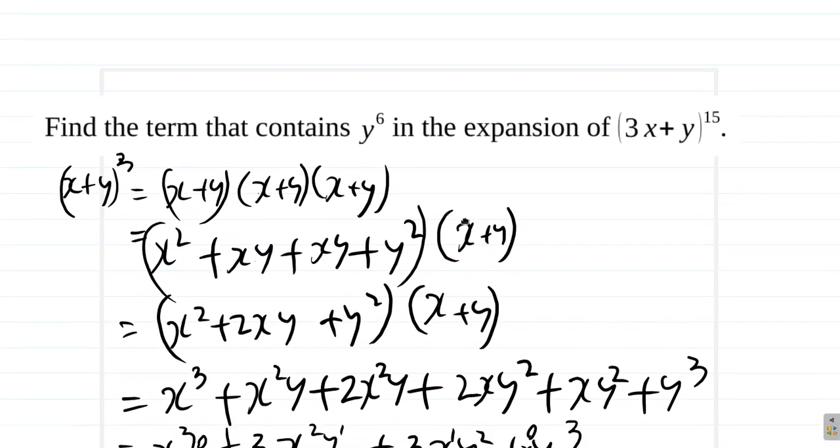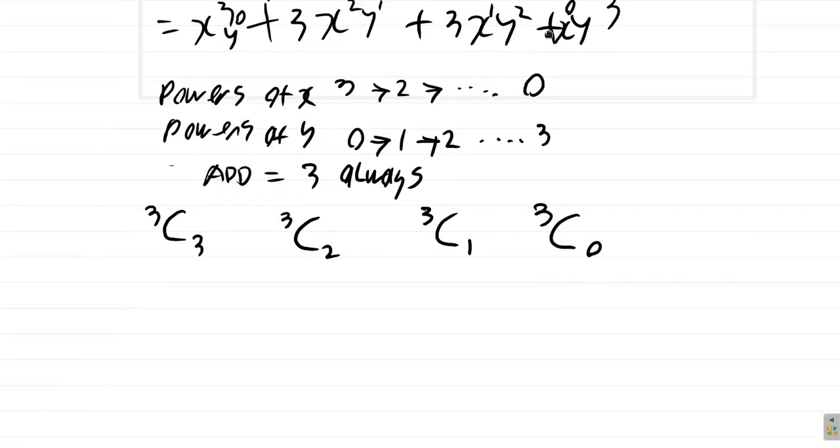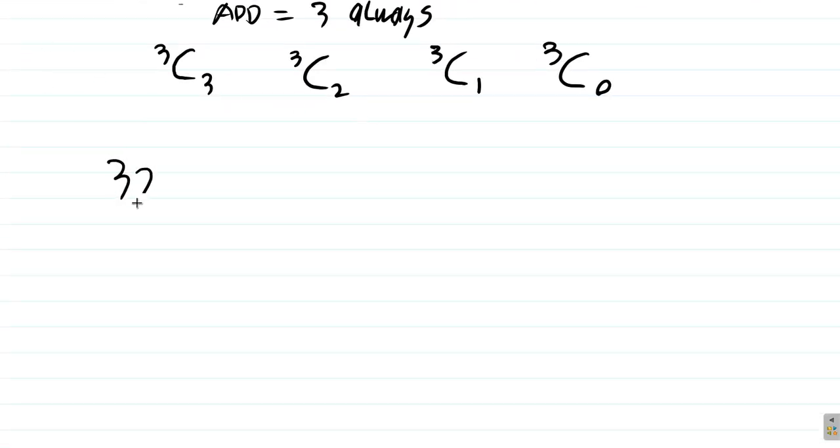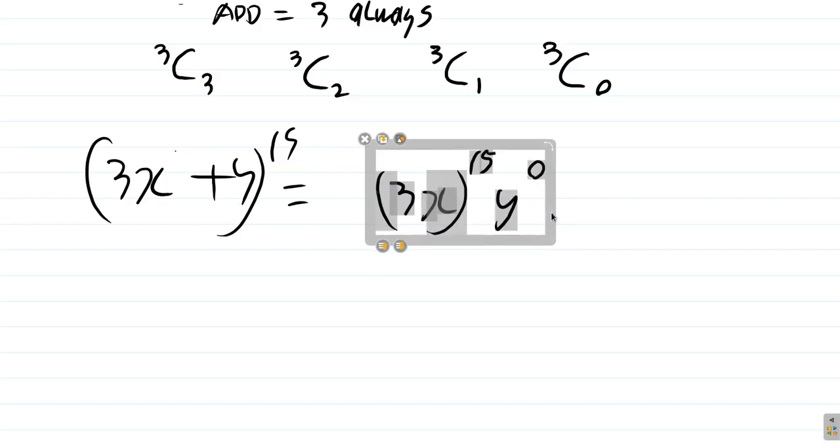Alright, so (3x + y). Instead of x alone, we have 3x now. (3x + y) to the 15. So we say (3x + y) to the power of 15 is going to be (3x) to the 15, y to the 0. Now the coefficient, need to make a little space for the coefficient.